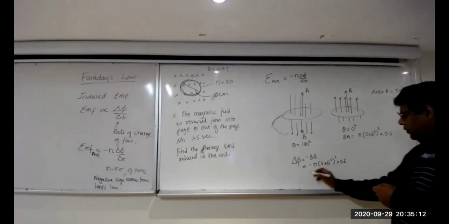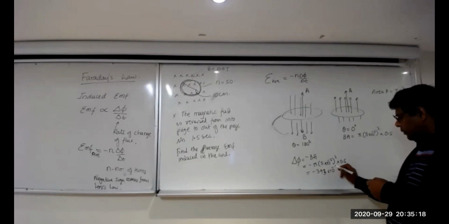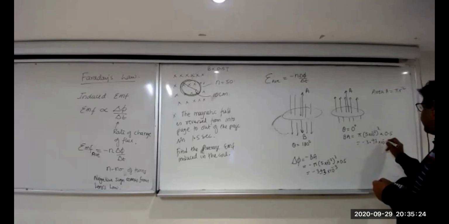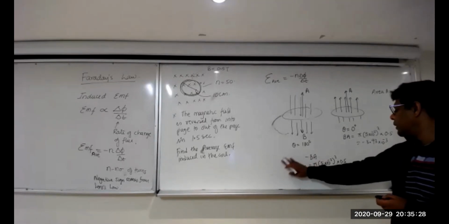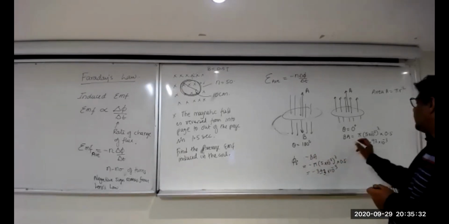So double check these values: 3.93 times 10 to the power negative 3. So the change in flux is going to be the difference, the final minus initial. This is the initial flux, this is the final flux.